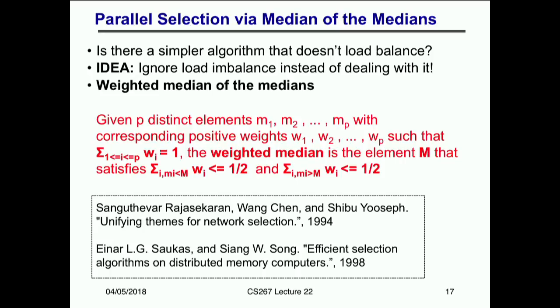We're going to let processors be load imbalanced, but at every recursive call, instead of choosing an explicit median, I'm going to choose something called a weighted median. So if a processor has more entries than the other, then its median will have a higher weight when it's chosen. Okay, so that's basically the idea, and it's going to come out right in the end.